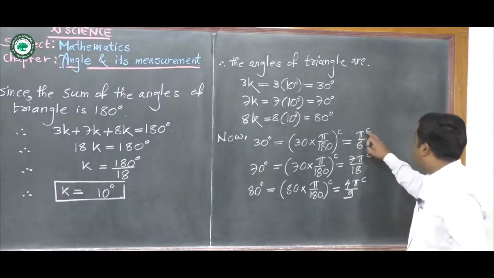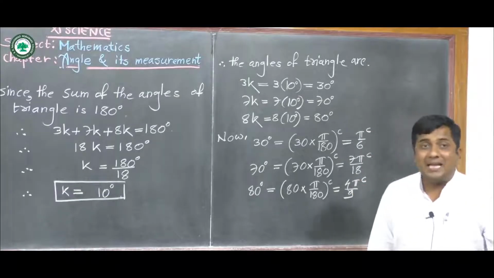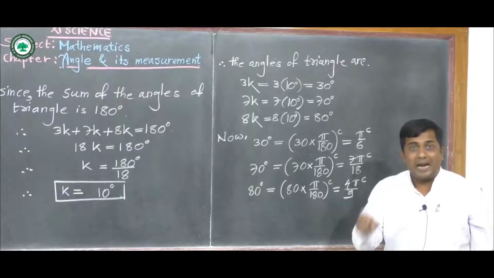So pi by 6, 7 pi by 18 and 4 pi by 9 are the measures in radians.